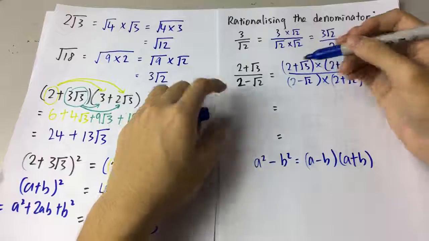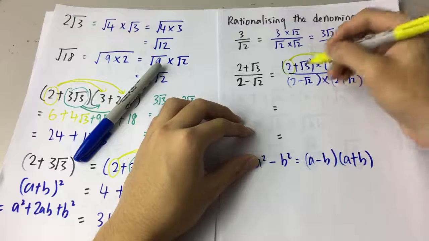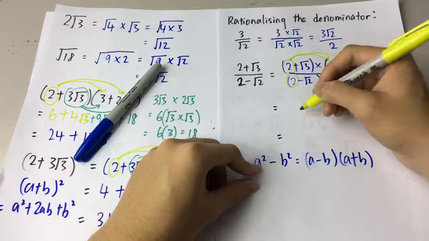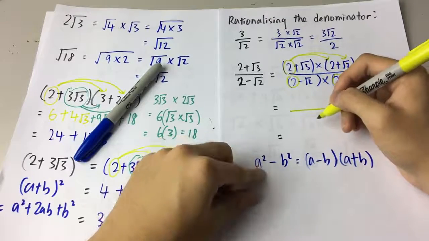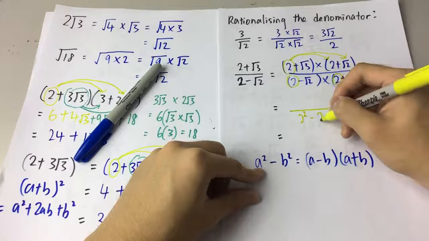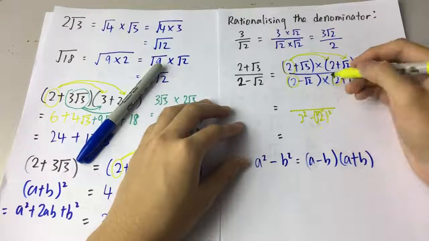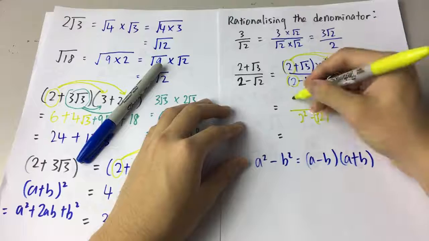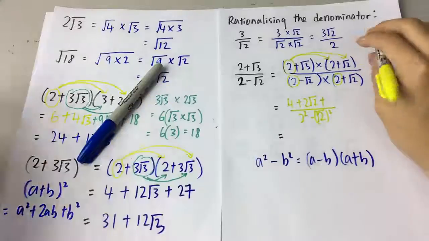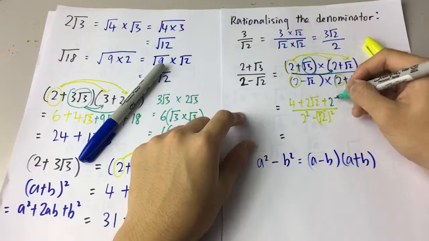Now I'm going to do it the slow way. You see 2, you get here, times this one. This one we just apply the formula, a and b. So bottom, what should we get? We get a squared, 2 squared, minus 2 root 2 squared. Now 2 times 2, we get 4. 2 times root 2, 2 root 2, plus 3, 2 root 3.